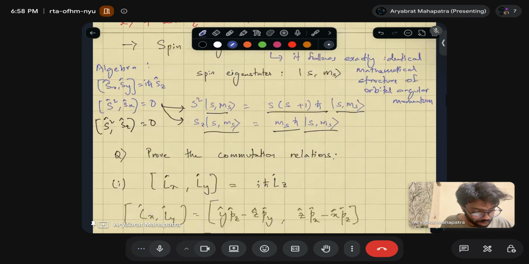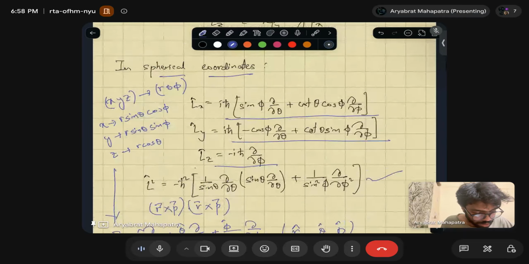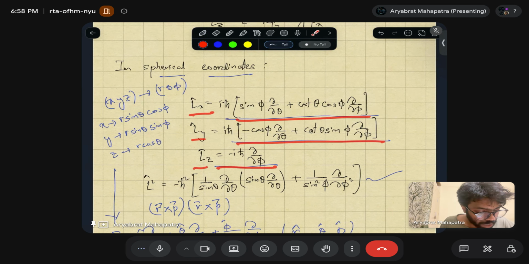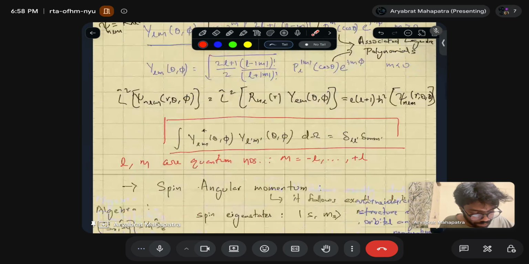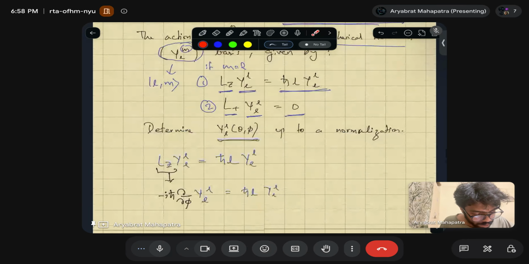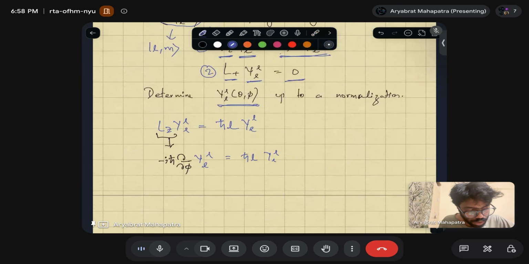I can go back: these are the three. Lx is in this way, Ly is defined to be this, and Lz is simply minus iħ del by del phi. So that is Lz for you, acting on Y_l^l gives ħl Y_l^l.